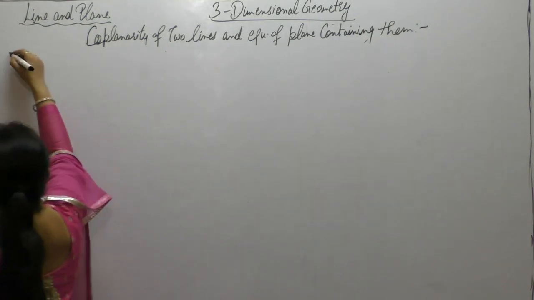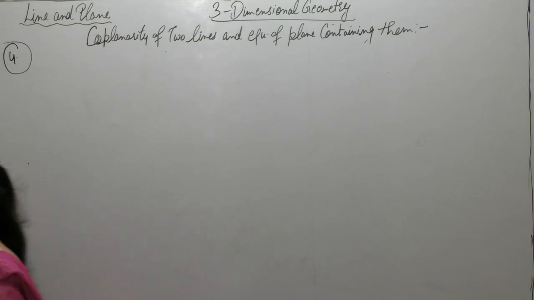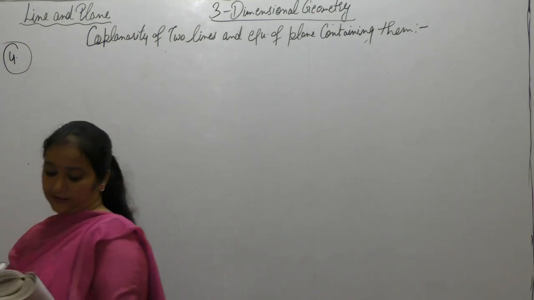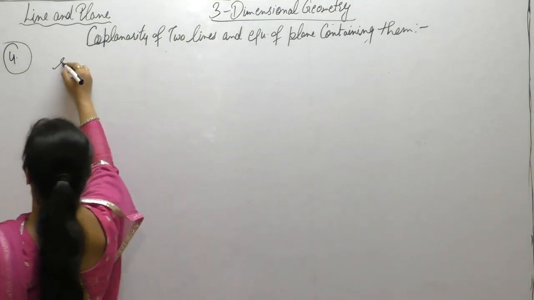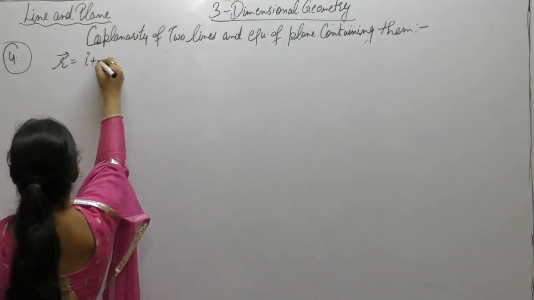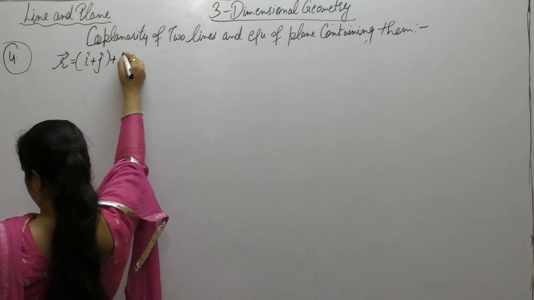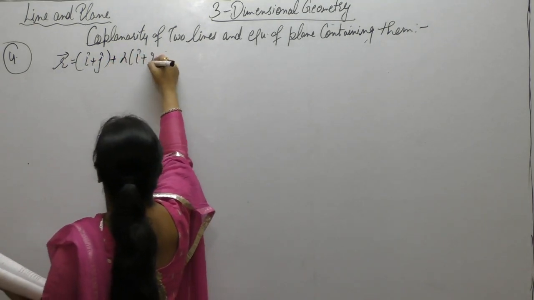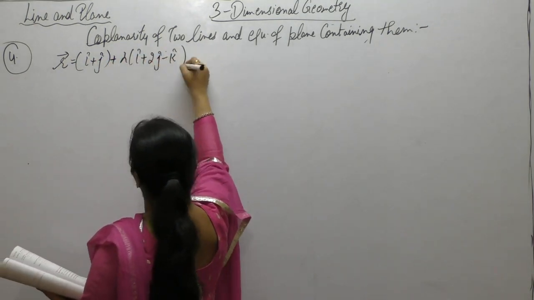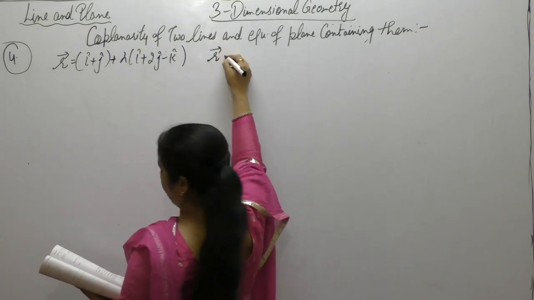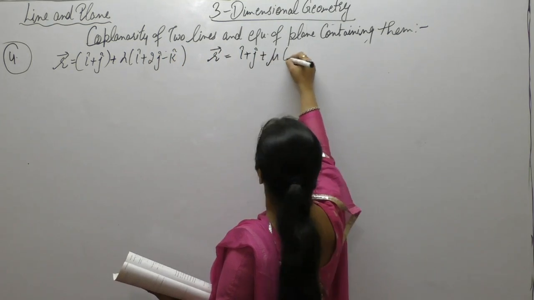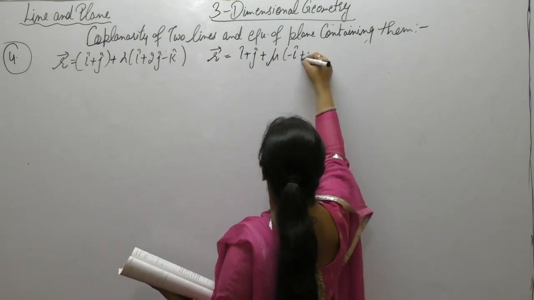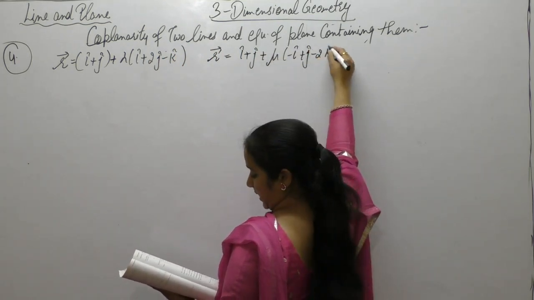Now next one: find the vector equation of the plane that contains the lines r vector as i plus j plus lambda (i plus 2j minus k) and r vector as i plus j plus mu (minus i plus j minus 2k).